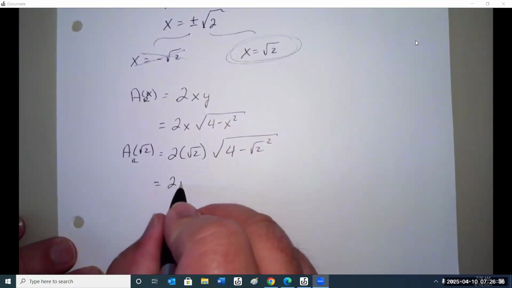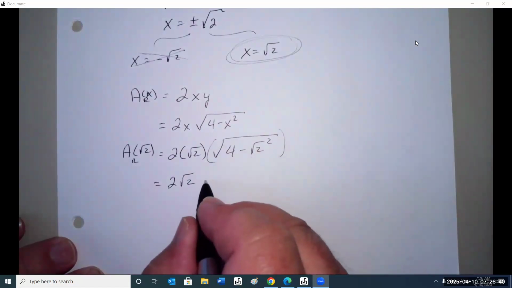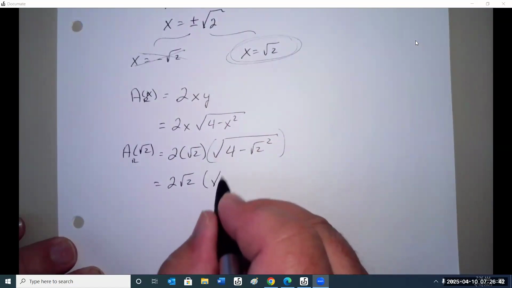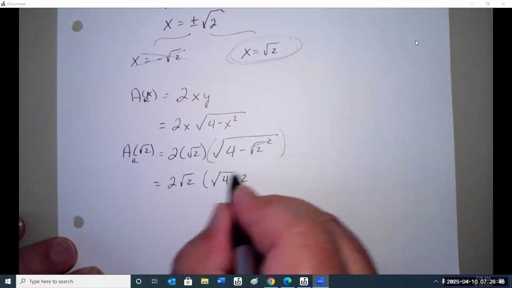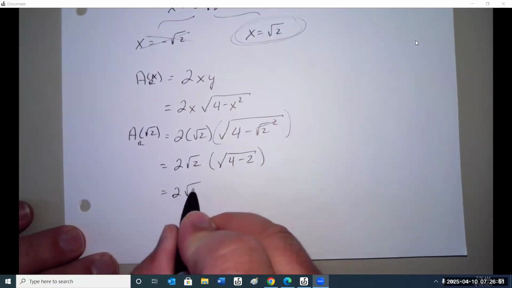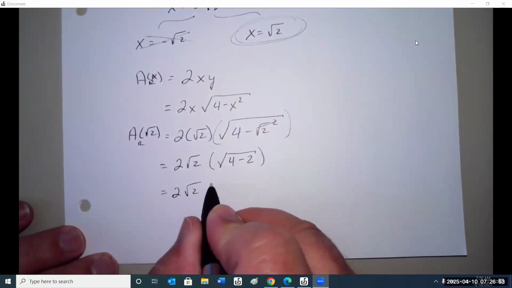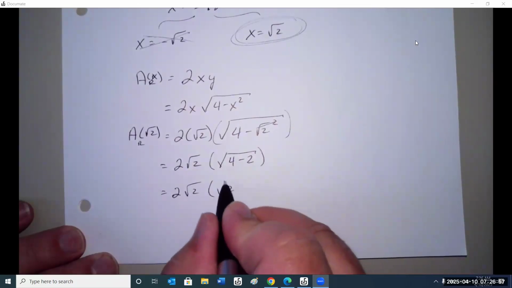So it's 2 square root of 2 times the square root of 4 minus 2, because the square root and the square cancel. 4 minus 2 is 2.